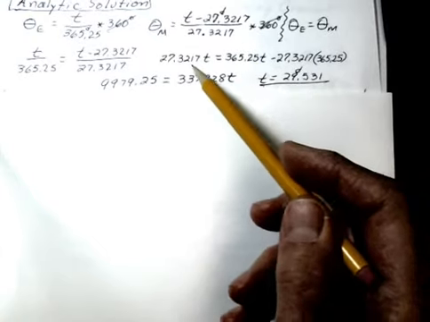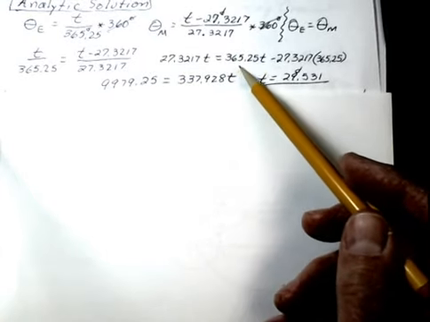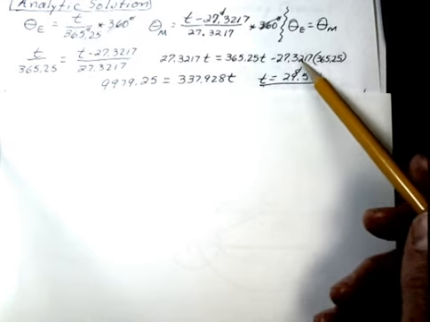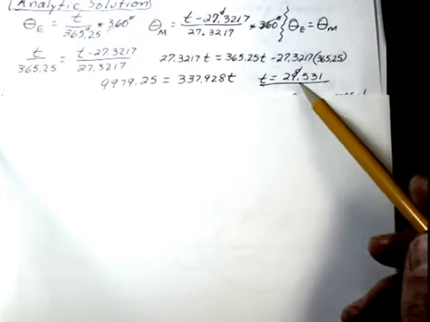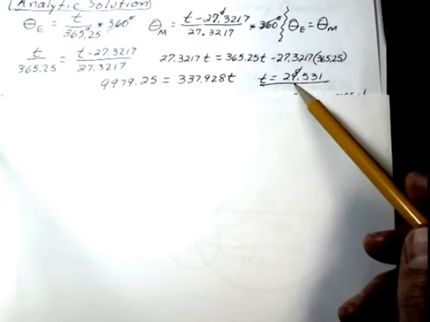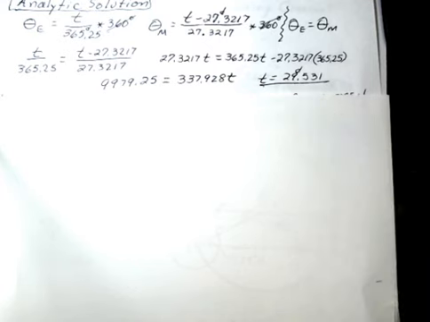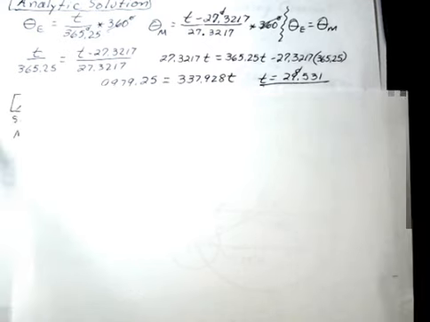So I'm subtracting 27.3217 from both sides. I'm adding this number to both sides, and divide, and there you are, 29.531 days. That's the synodic period of the moon, the time from new moon to new moon, assuming circular orbit for the Earth and circular path around the Earth as we view the moon in its orbit.